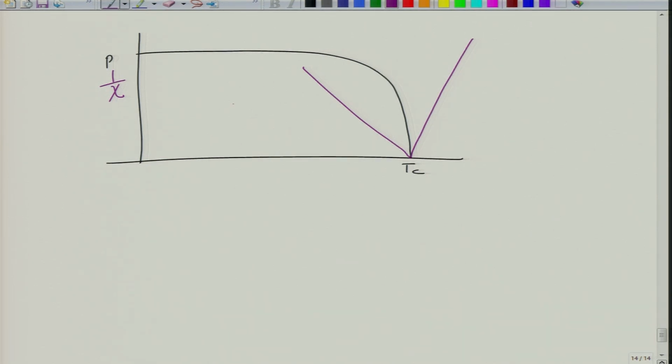Okay. And this state, below Tc, is ferroelectric, and above Tc it becomes paraelectric. And this analysis was valid for small values of polarization, and only in the vicinity of Tc we can do that.